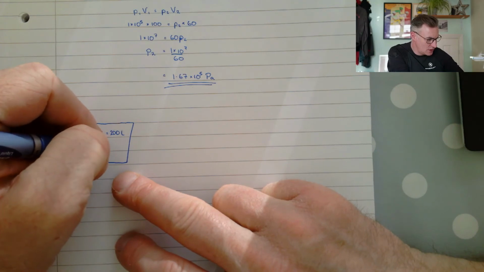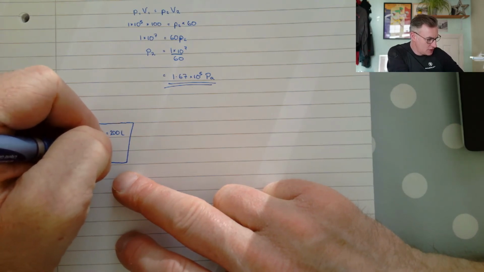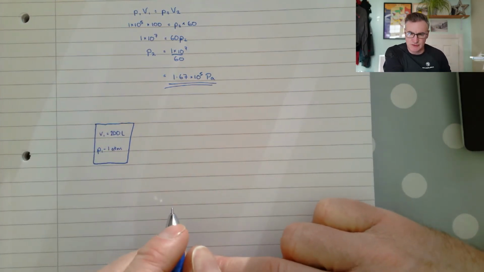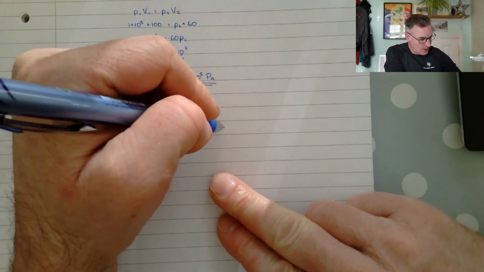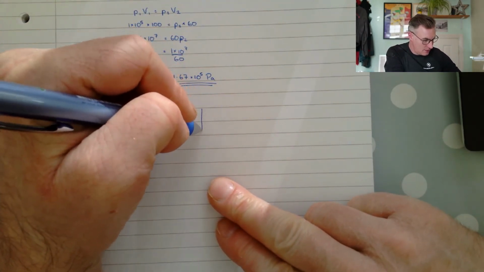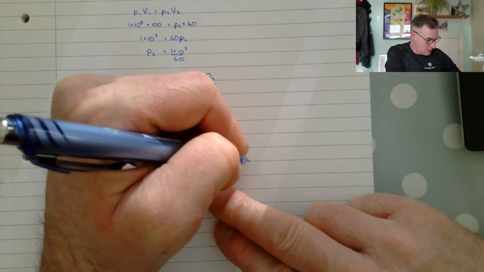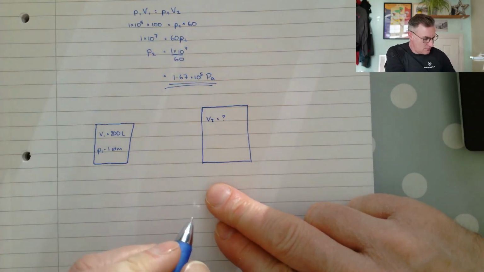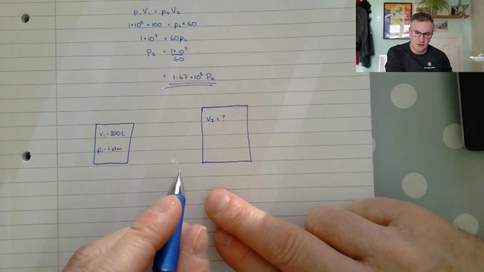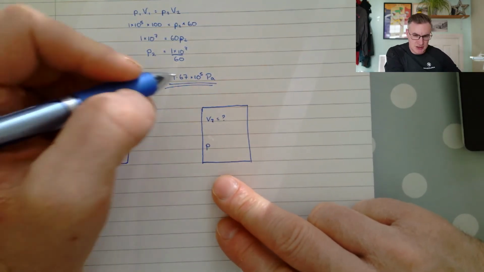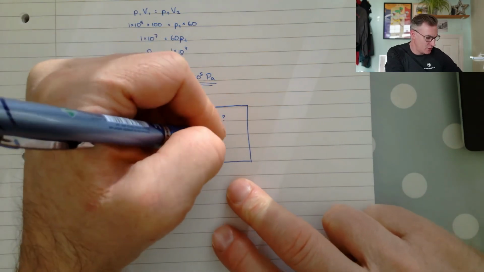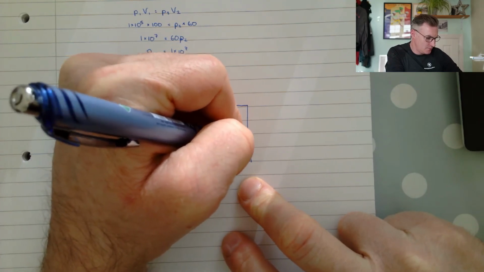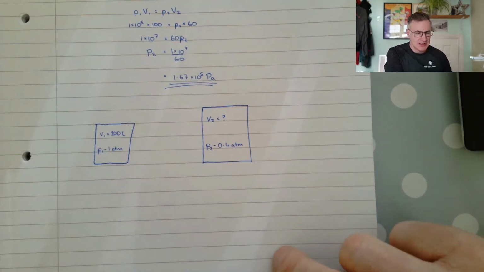So 200 litres, and your pressure is going to be 1 atmosphere. That's fine. And then we'll be looking for a new volume here, and we can say the pressure after we've increased the volume is 0.4 atmospheres.